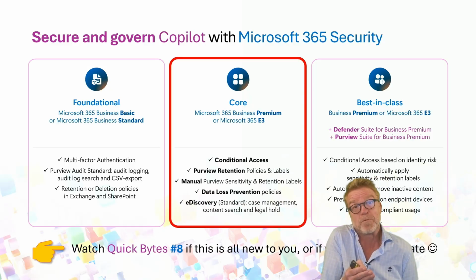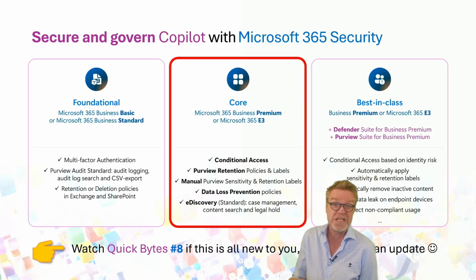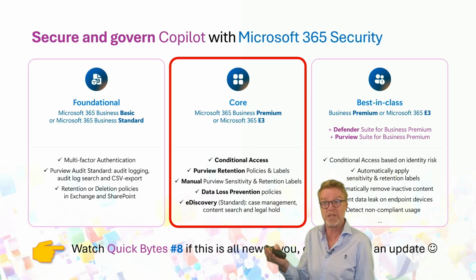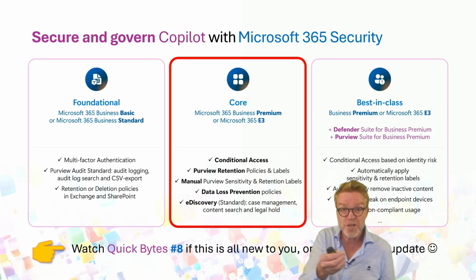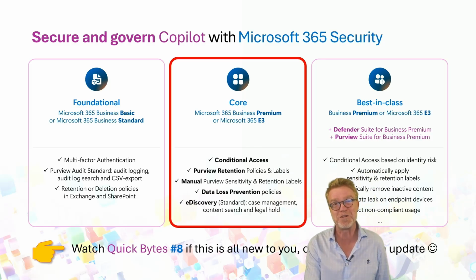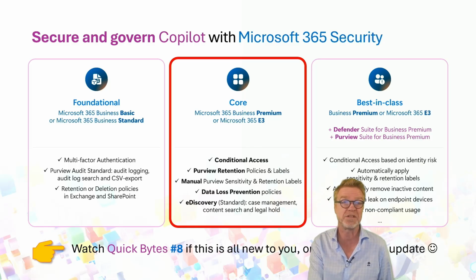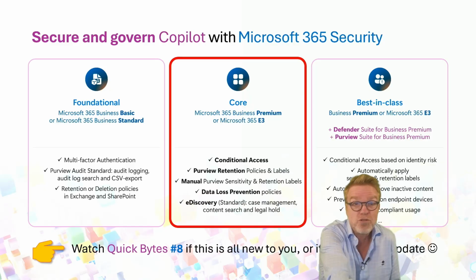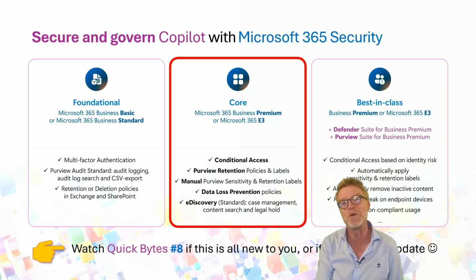So introducing sensitivity labels, allowing people to use these sensitivity labels manually will also help your organization to protect sensitive information against Copilot that might think that it's okay to share this information with the user.